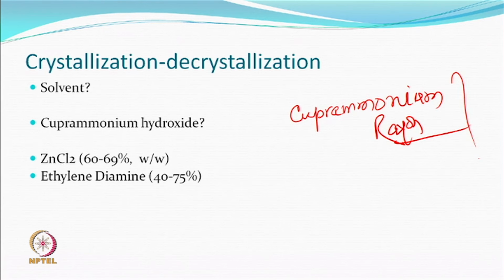So, if you treat with this, the crystallinity of the cellulose will go down, and again can be recrystallized. Things like ethylene diamine are also considered to be good solvents.